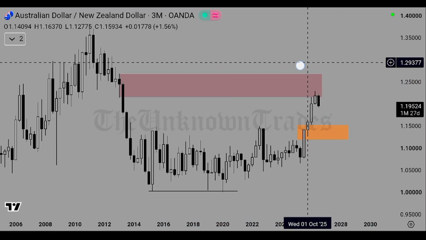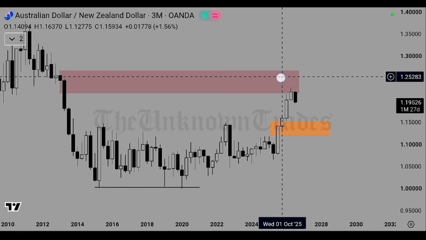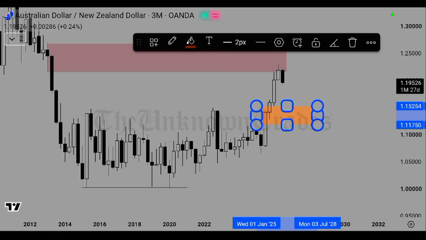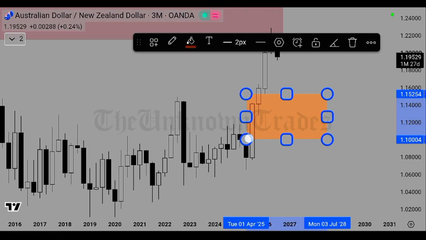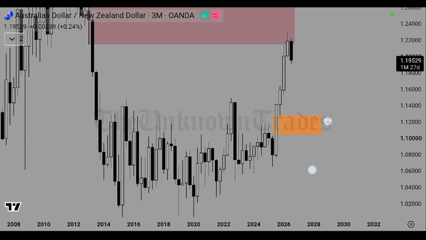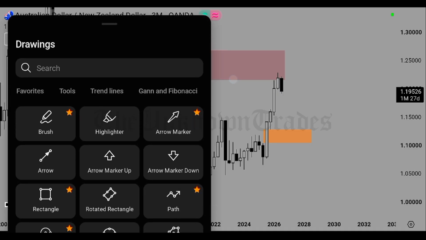Now this is our refined POI of the 3-month, which is taken from the 6-month time frame chart, and here you can see that we have inefficiency there, and with that we have a mitigation block.